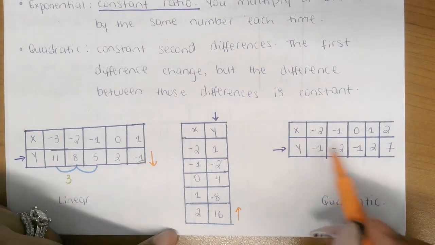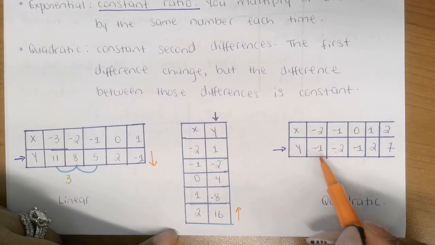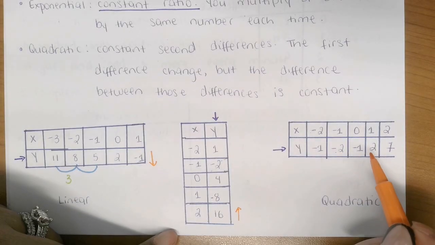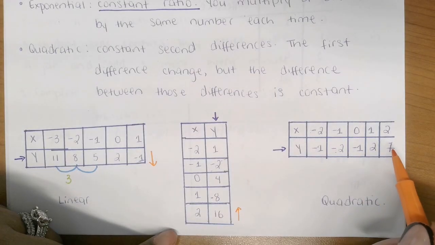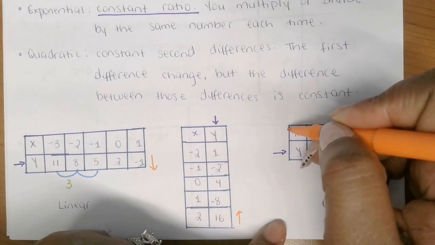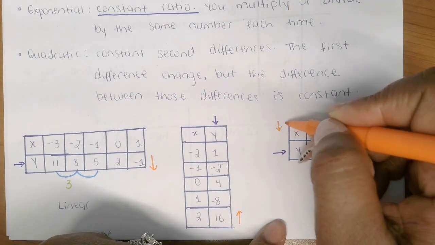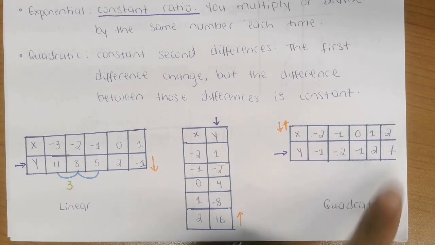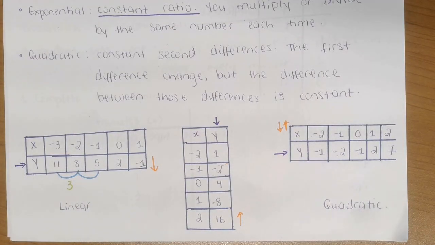Then for this one, we realize that -1, -2, then back to -1, +2, +7. So we can somewhat say that this is up and down, but it's mostly increasing because the last two numbers are positives. Okay, so with that information, we identify if they're increasing or decreasing.